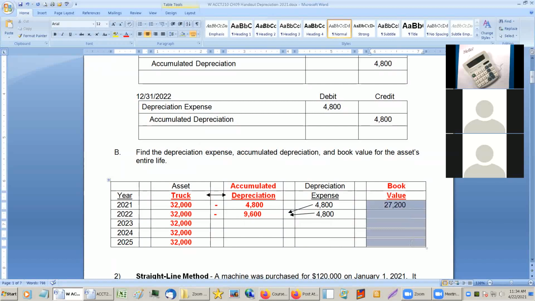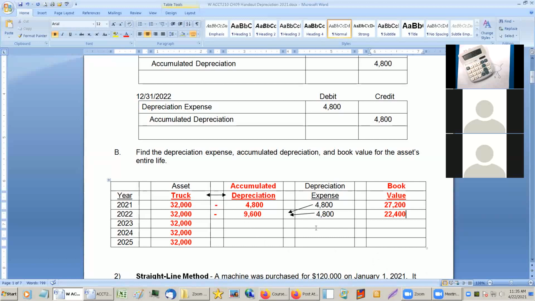So 32,000 minus 9,600 is 22,400. And we just keep repeating that as we go on.